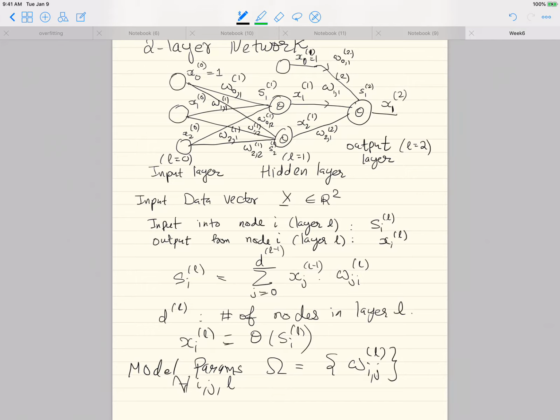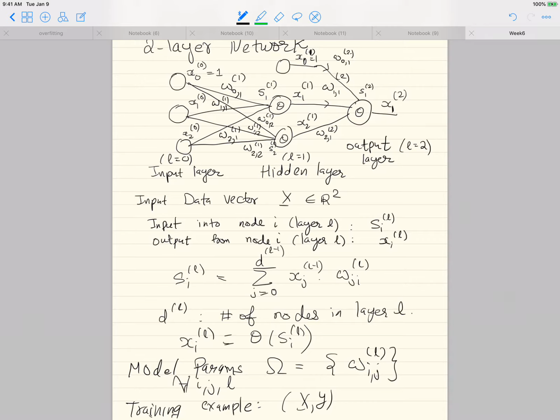So for example, if this model was used for regression, and your training example was x comma y, you want to compute the loss on this particular example. What you would do is take this x as an input into this network, compute the output value, compare it with y, and take the squared error.